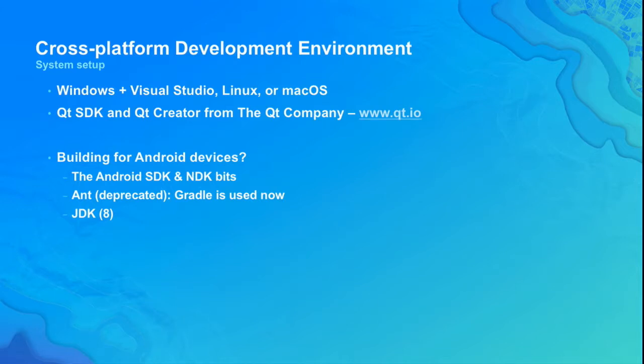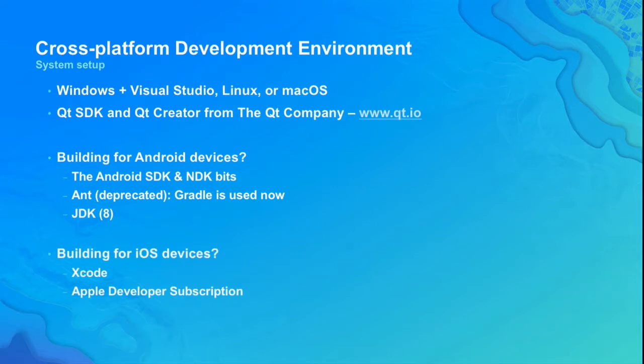If you're building for Android devices, you'll need the Android bits, the NDK, the SDK. Ant is deprecated now. It's kind of an old slide. Gradle is really the default that's used instead of Ant, and that helps to push your apps over to your Android device. JDK is needed as well.